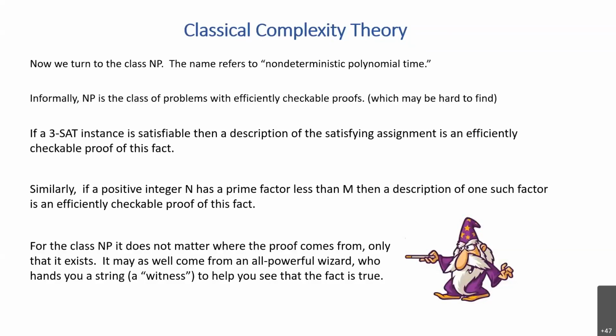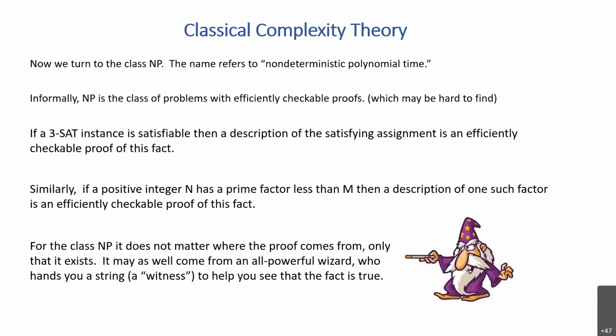And similarly, if you're looking at some positive integer and you're asking whether it has a factor less than m, that is a problem with an efficiently checkable proof. You may not be able to find that factor, since brute force searching may take too long.